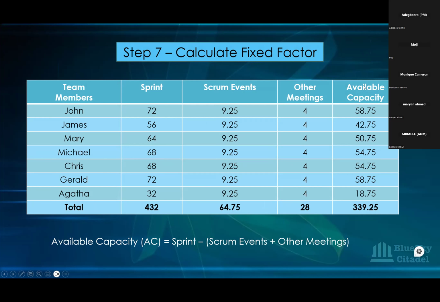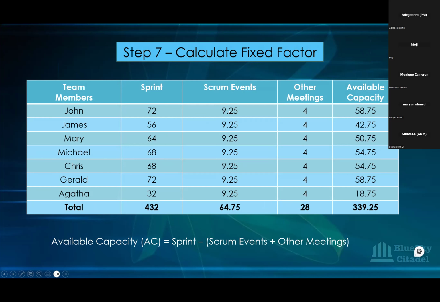And how we get the available capacity is you deduct the Scrum event hours and the other meeting hours from their sprint hours. That's the formula you have here: available capacity is equal to the sprint hours, minus the Scrum event and the other meetings.